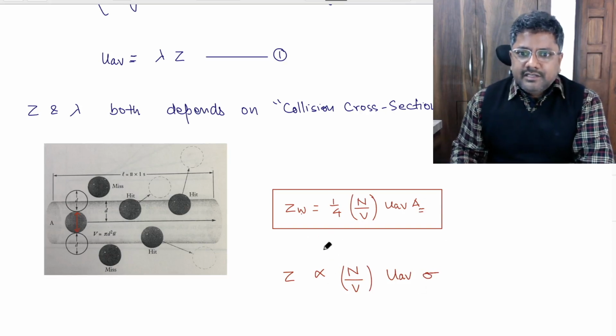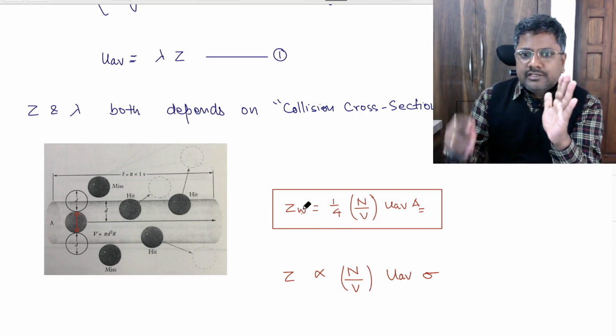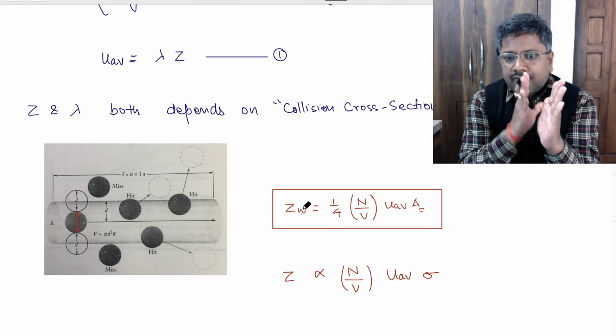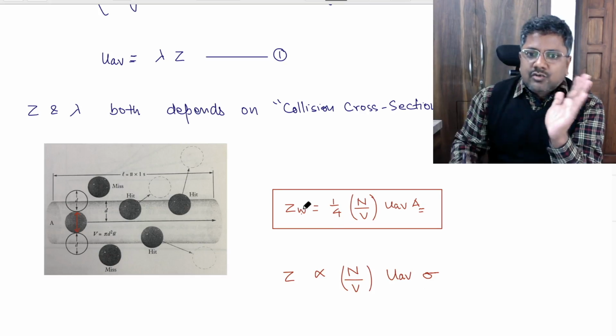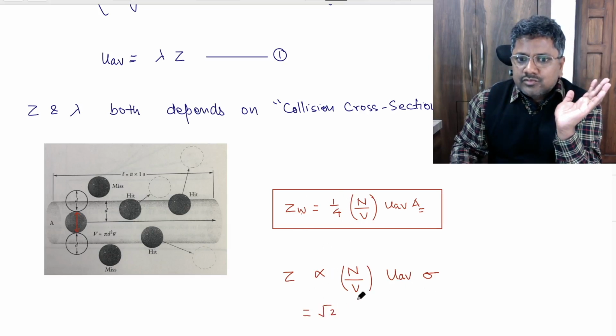And see here, we are considering that the molecule is colliding with the fixed wall, so 1 by 4 is the constant there. Here the constant is something different, and that is root 2, which is experimentally determined.